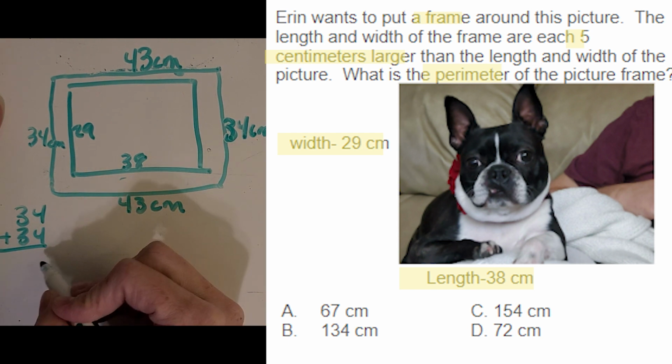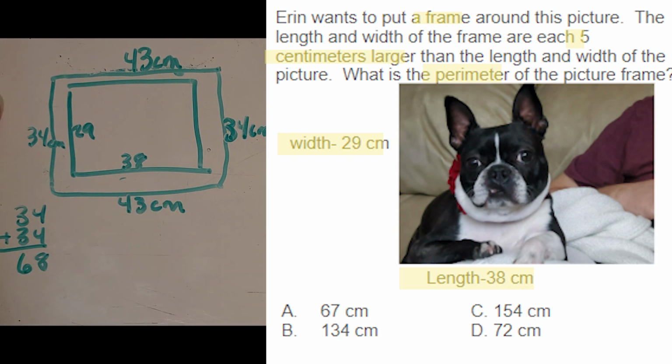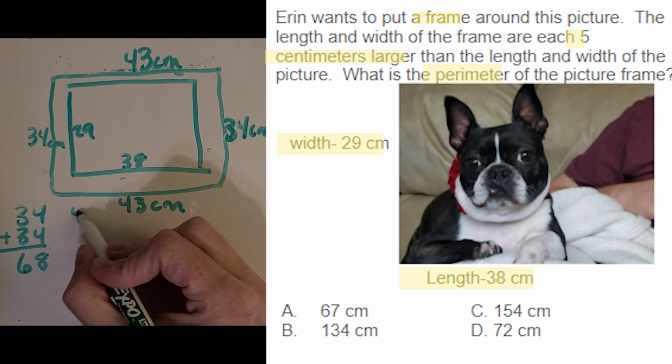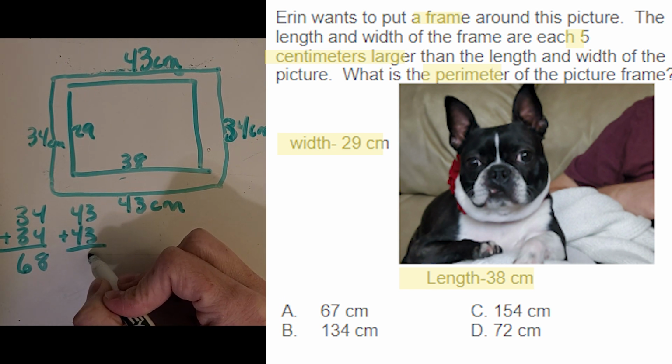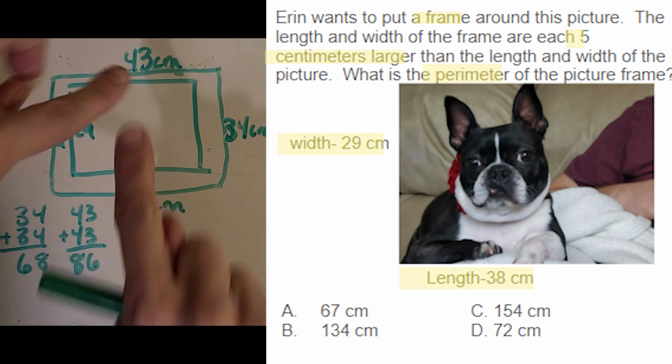Okay, 4 plus 4 and 3 plus 3. Okay, awesome. That was easy. 43 plus 43 next. Okay, 6 and 8. Okay, so then what do I do with the 68 and the 86?